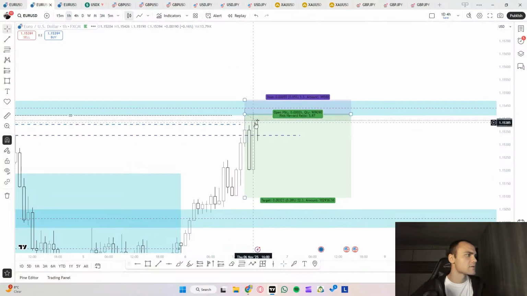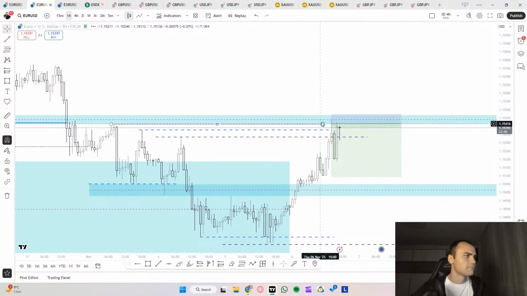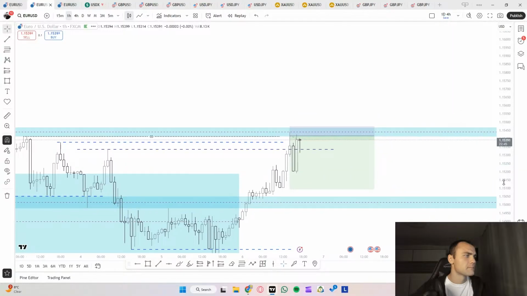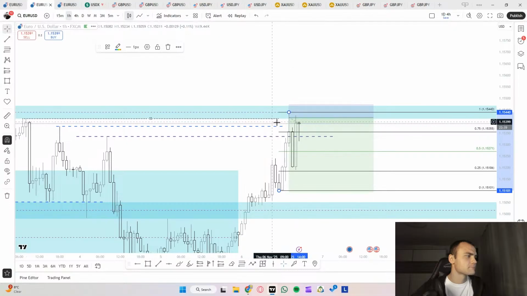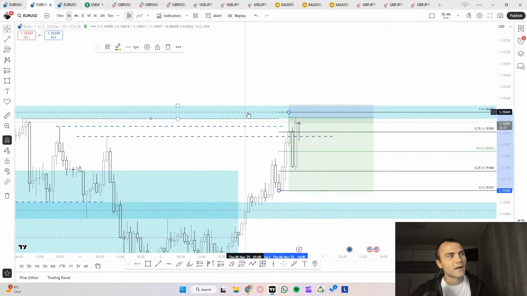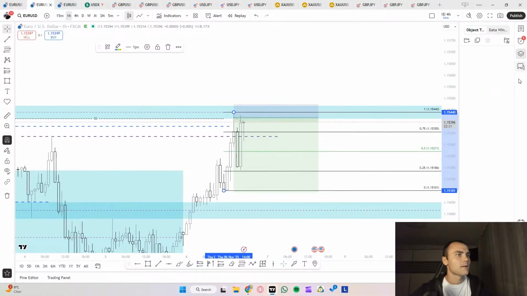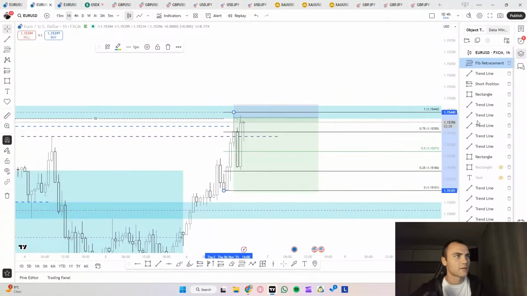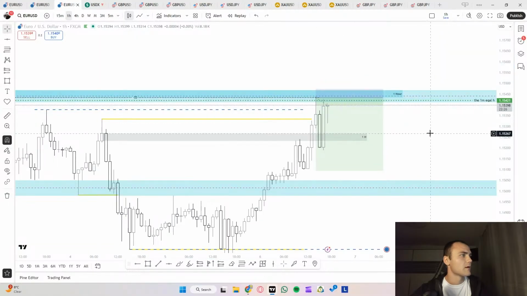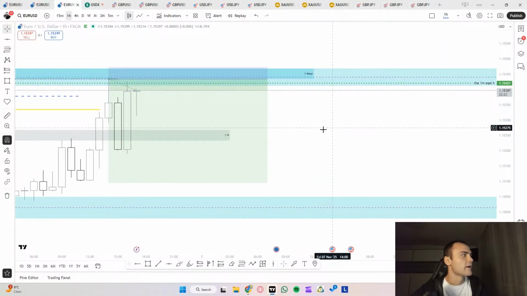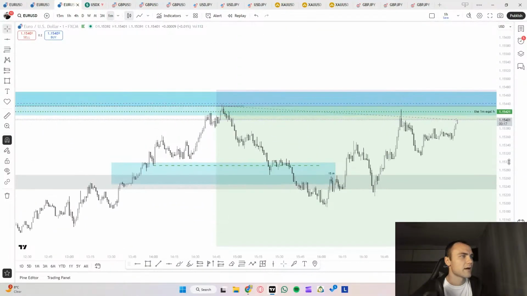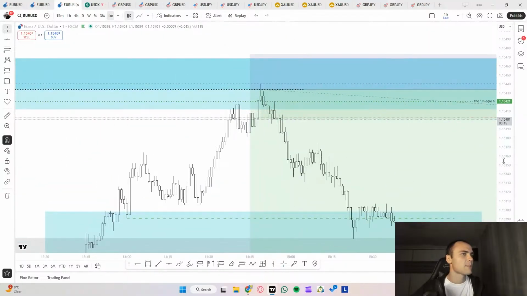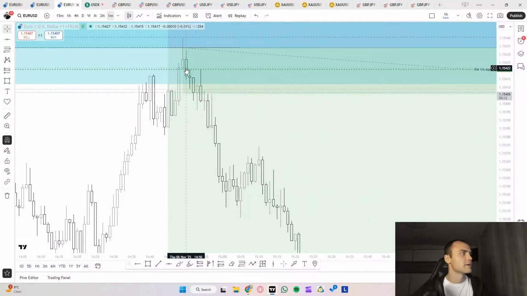Now, considering how 1 hour looks, I am not confused, but I don't know. It's more likely I'm gonna get stopped out. I'm curious. Look, you have seen the 1 minute lows I talked about, and where I should have placed my entry.